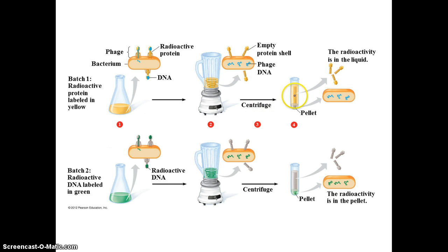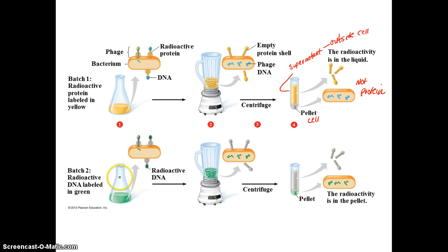Now whatever is in the liquid part, that's what we call supernatant, and that's going to be whatever is outside of the cell, and whatever is in the cell is pellet. Then they checked for radioactivity, and they found that the supernatant was radioactive, so that ruled out that it's protein that was injected into the cell.